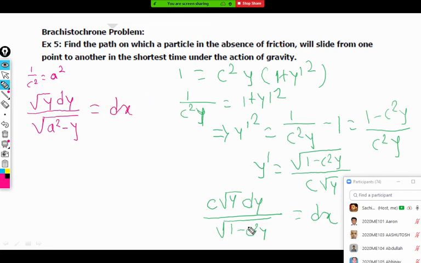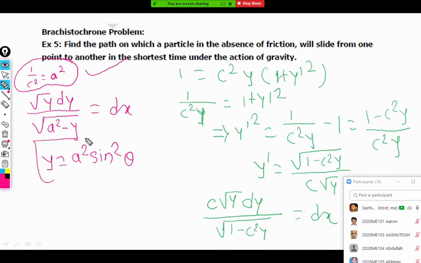What happened? This c square was taken outside the square root, so 1 by c square we assume as a new constant, a square, and we got this integral. Now this is one of the standard examples, and if you know how to integrate this, y is equal to a square sine square theta. If you put y equal to a square sine square theta, you will get the value of x then.